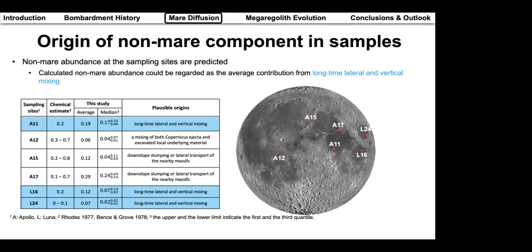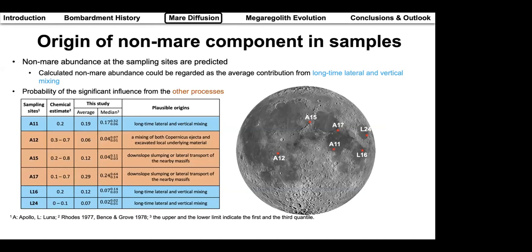It means for these three sampling sites, the non-marine materials contained in these samples are mainly the average contributions from the long-term lateral and vertical mixing, as I showed you in the model. For the other three, you can see very significant differences.